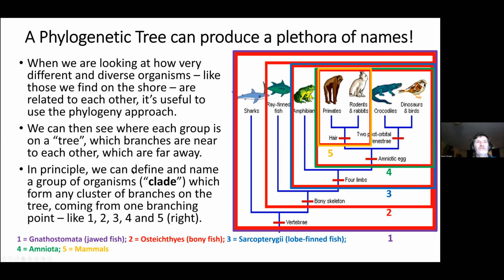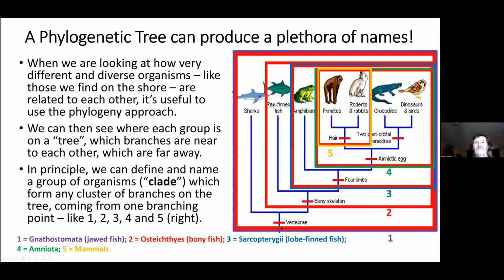I mentioned you can define and name a group of organisms, a clade, as the specialists in this area call it, which forms any cluster of branches on the tree. So the biggest one, which encompasses everything on this tree, the purple edged box, is what's called the gnathostomata, the jawed fish.